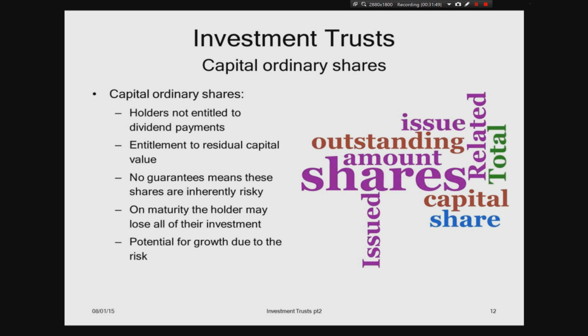The one outstanding thing about capital ordinary shares is that the holders of such shares are not entitled to any dividend payments. Instead, the holders receive all of the capital remaining after all other share issues have been satisfied at redemption. The total absence of any guarantees means that those holding capital shares are holding investments which are inherently risky.